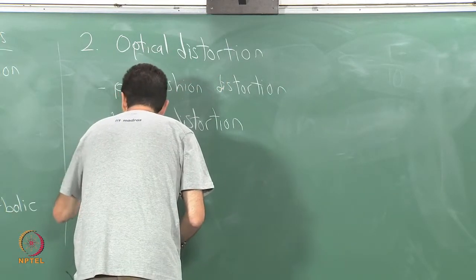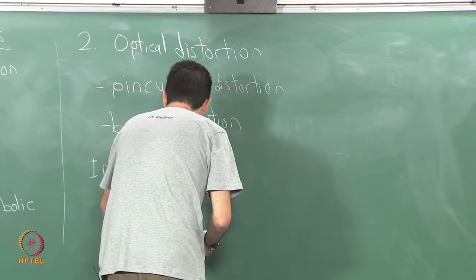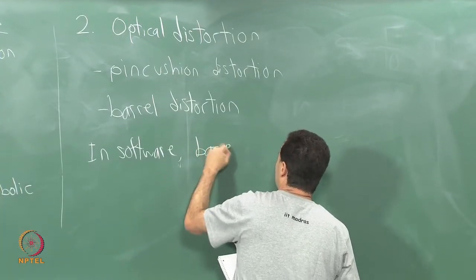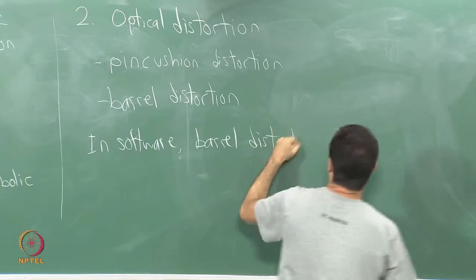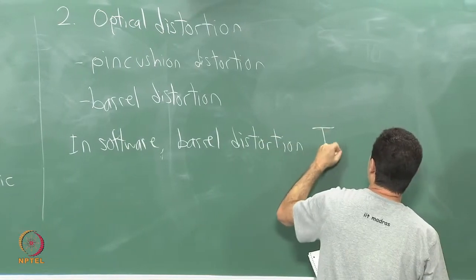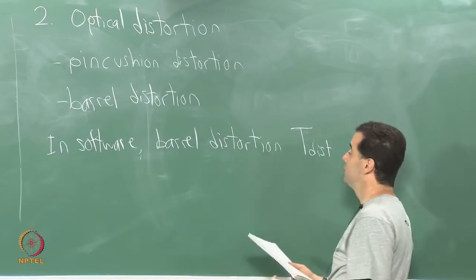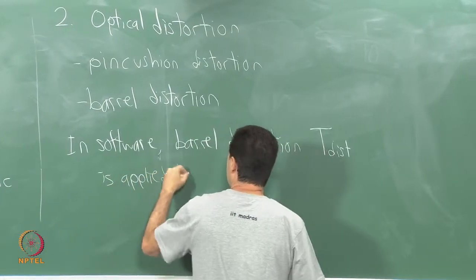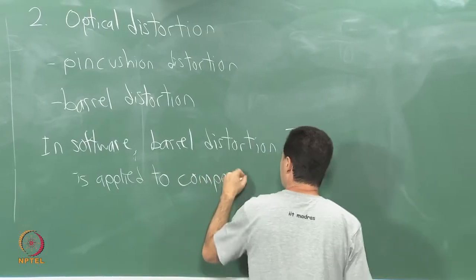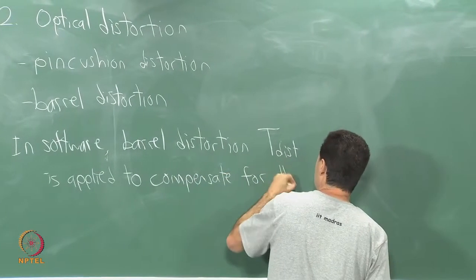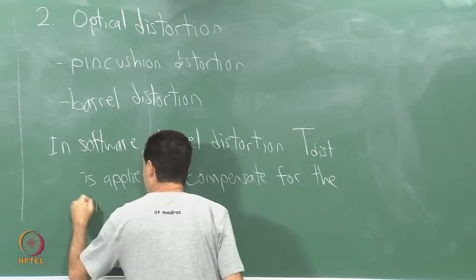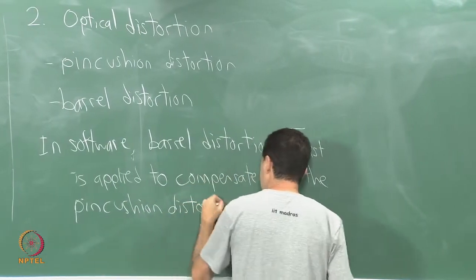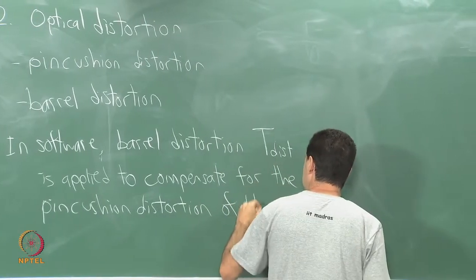In software, barrel distortion, and I think I called this T-dist when I gave it as an example when I did the chain of transformations, barrel distortion is applied to compensate for the pincushion distortion of a head-mounted display lens.